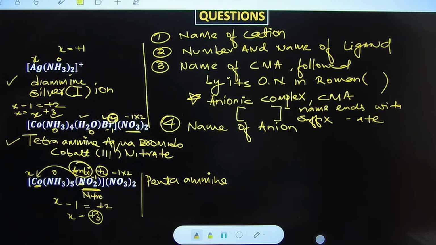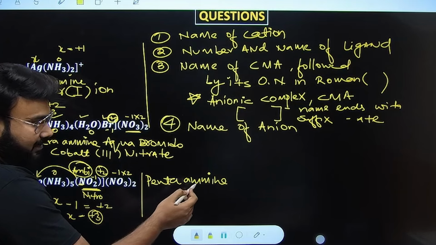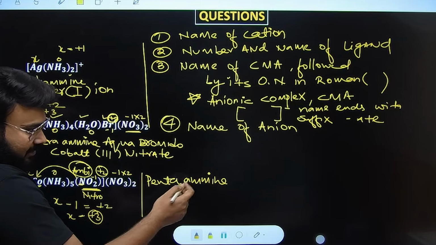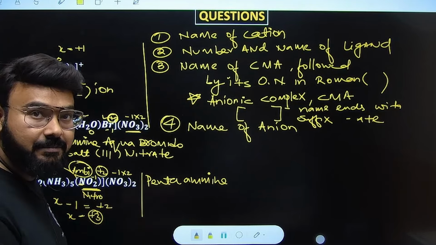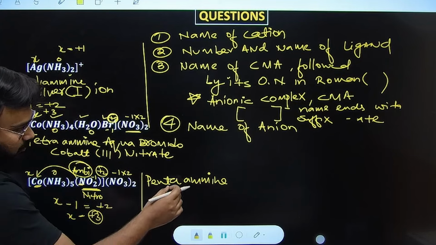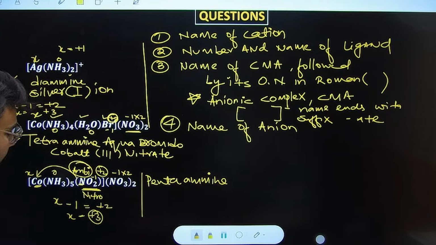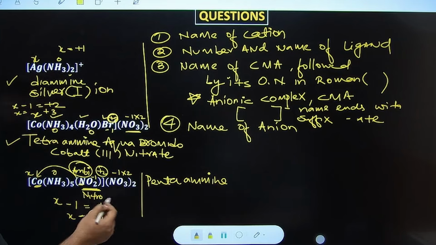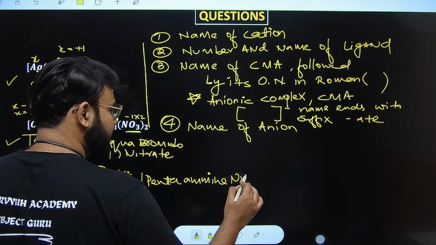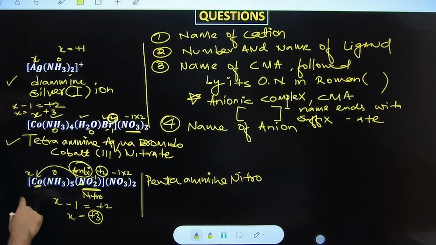Mainly students are confused when penta ends with A and amine starts with A. So do we write separately? Yes, you have to write them separately. You can't write penta A and extend it with amine. You have to write the two A's separately. Penta A and amine A have to be separate. So pentamine, after that nitro, alphabetical order, pentamine nitro.